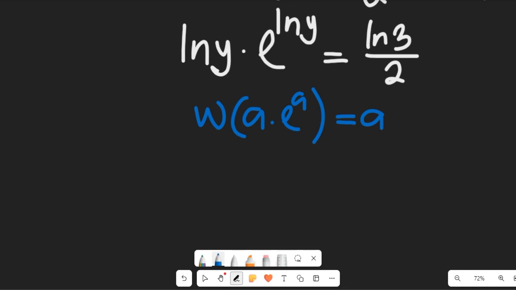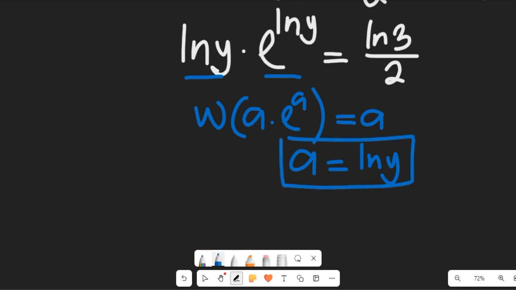And recall that from this expression, my a is equal to the ln of y. Now take note of that. My a is like having the ln of y if you look at that expression very well.